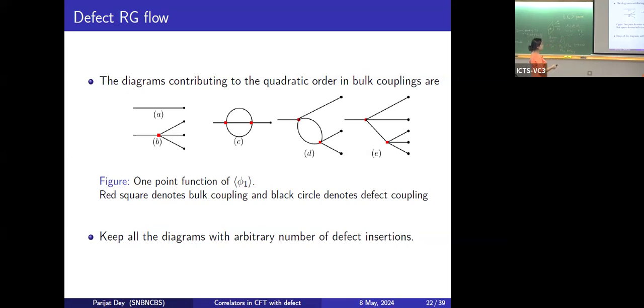Similarly, these are the higher, two-vertex bulk terms, and we can see that up to quadratic order in the bulk coupling, we can have five defect insertions. So this is the order h to the 5 term. These are the only diagrams that we can have at this order.